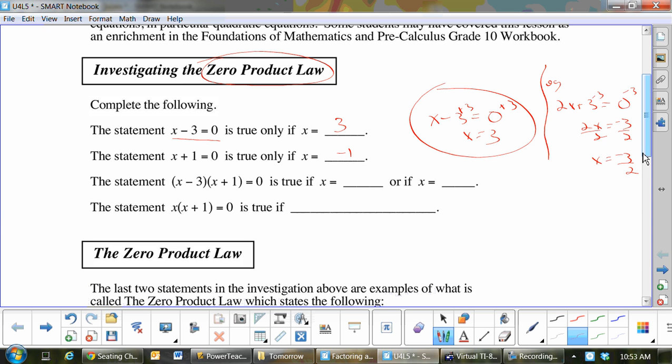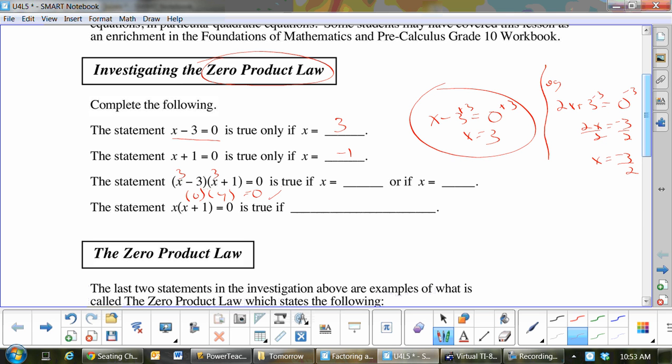If you had a billion things and you multiplied it by 0, you got nothing. And this messes with some people because they're like, what? That doesn't make sense. Well, it kind of does. Because if I put a 3 in here and a 3 in there, let's say x equals 3, this is going to be 0 times 4. Does that equal 0? Yep.